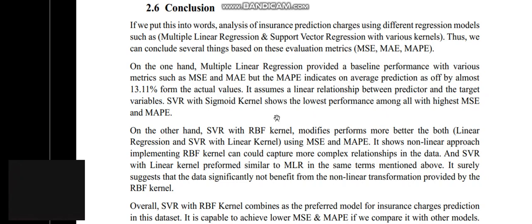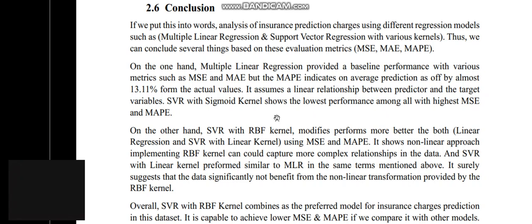SVR with the sigmoid kernel shows the lowest performance among all, with the highest MSE and MAPE. On the other hand, SVR with the RBF kernel performs better than both linear regression and SVR with the linear kernel, using MSE and MAPE.